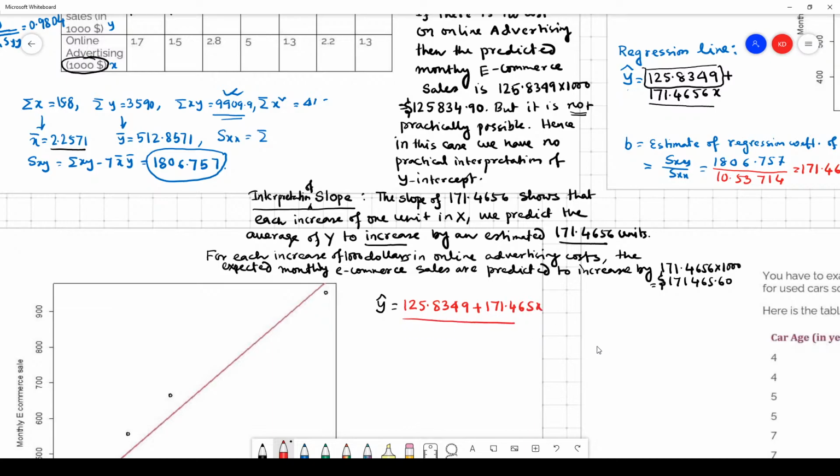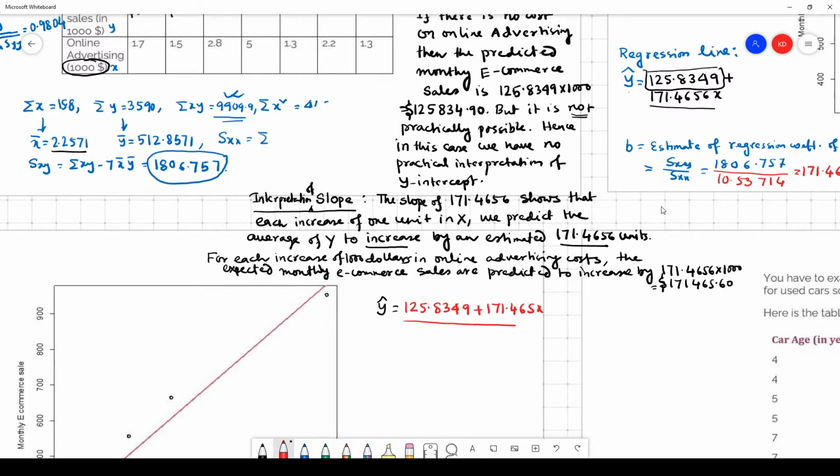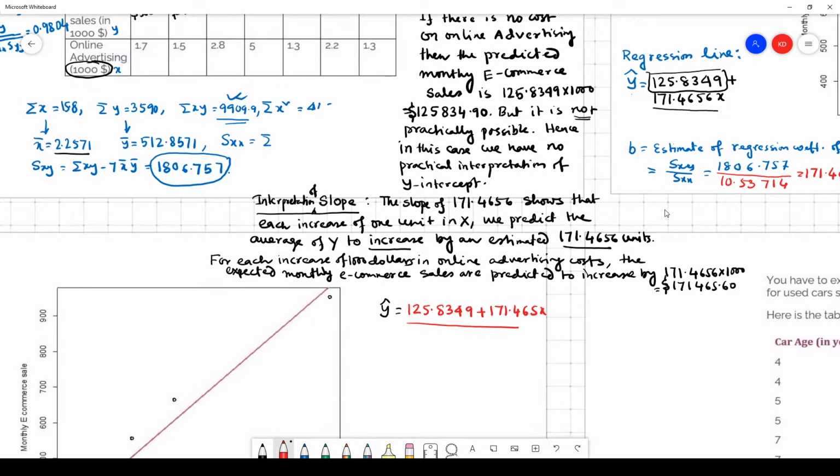So now, if you use 7 values of x, that is, X equals 1.7, 1.5, 2.8, 5, 1.3, 2.2, 1.3, using these 7 values of x, we can easily get 7 values of y.